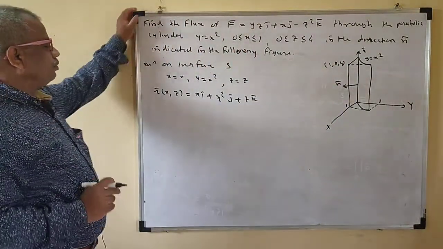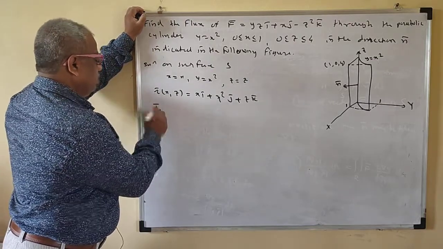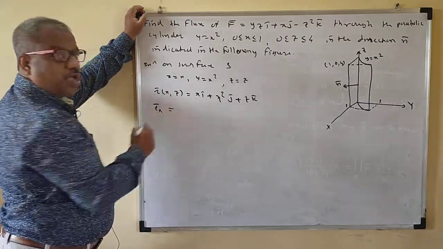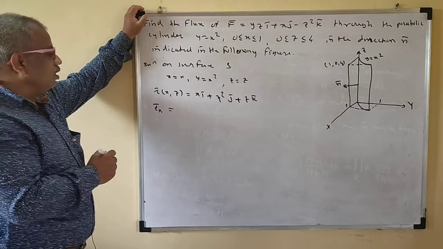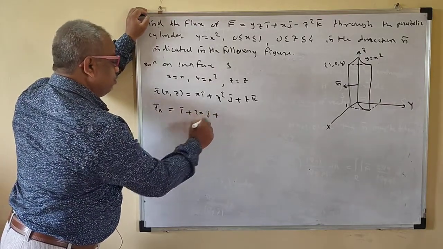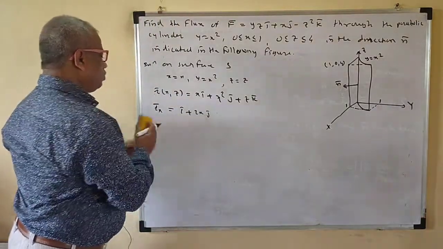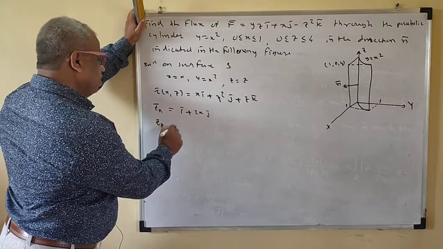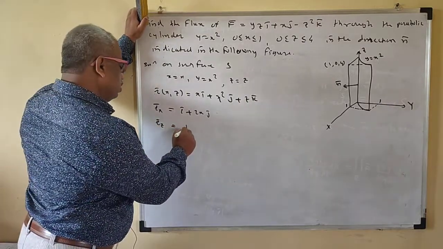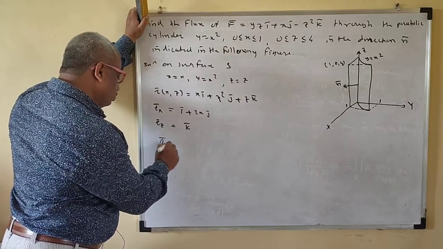Now we find r bar of x, differentiating partially with respect to x. So this is i bar plus twice x j bar. Then r bar of z is just k bar. We will take the cross product of this.